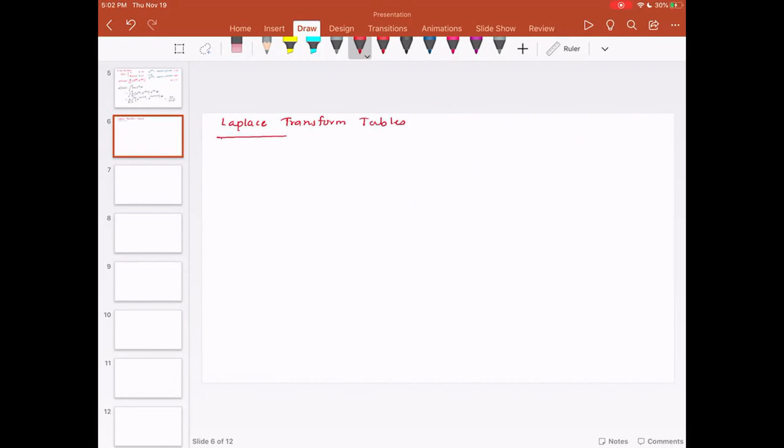And I would just like to draw some analogy. In the Laplace transform tables, you have functions in the time domain, and you have their representations in the Laplace domain or S domain. So this is called the time domain, and this is called the Laplace or S domain.